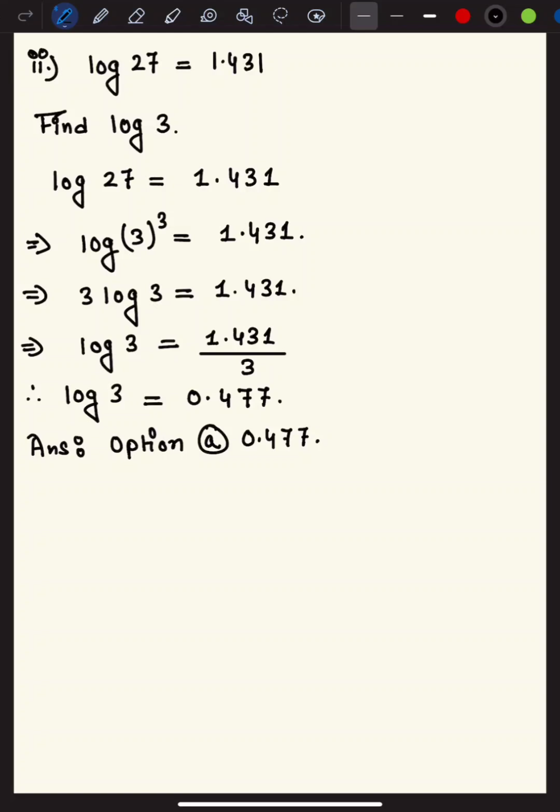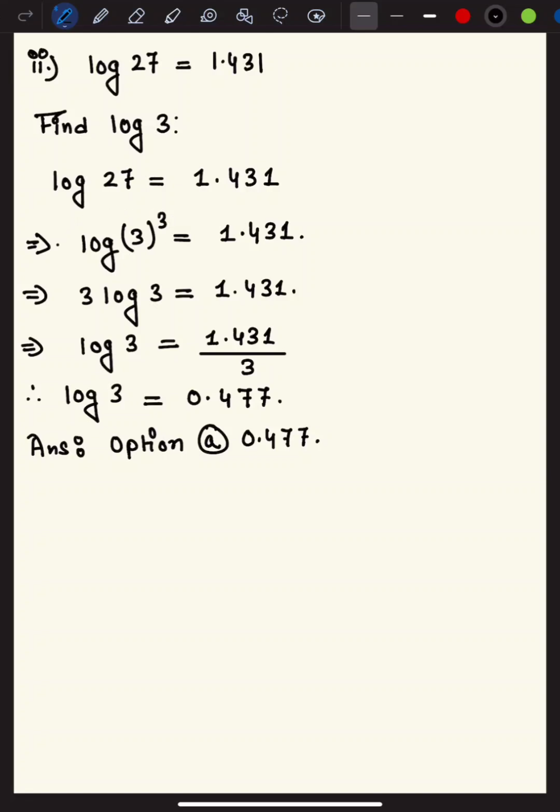So it is given log 27 equals 1.431, and we need to find the value of log 3. So log 27 can be written as log 3 cube.